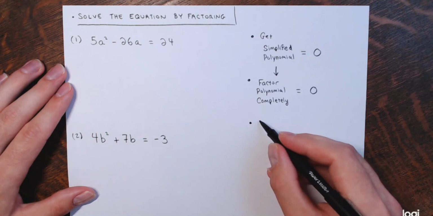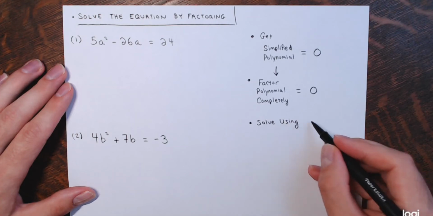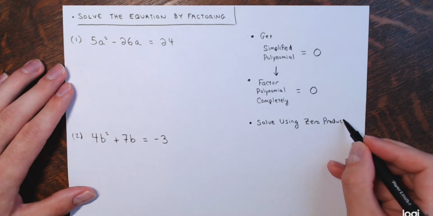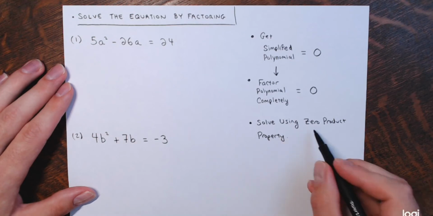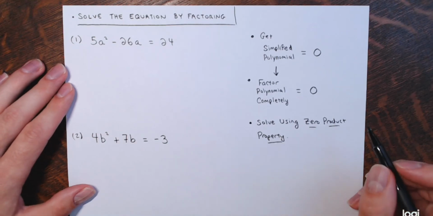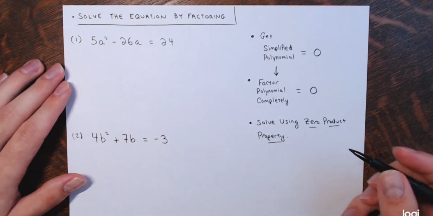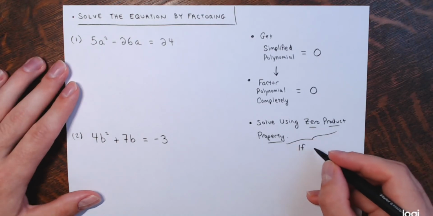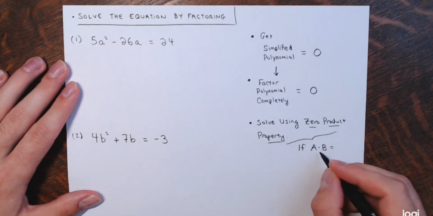And then we're going to solve using what's called the zero product property. Just like with the factoring, I'm going to assume you know what this is, as I've put out a previous video where I talked about using the zero product property. I'll state it again really quickly right here. The zero product property basically is if you have a product, and here I have a product with 2 factors.